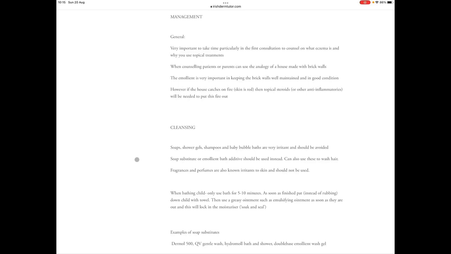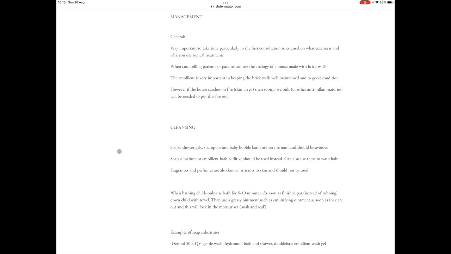So the management is obviously very important and how to deal with eczema. So in general, there are just some general tips that you want to counsel the patients about. It's very important to take time in the first consultation to tell them what eczema is and the rationale behind using various treatments.